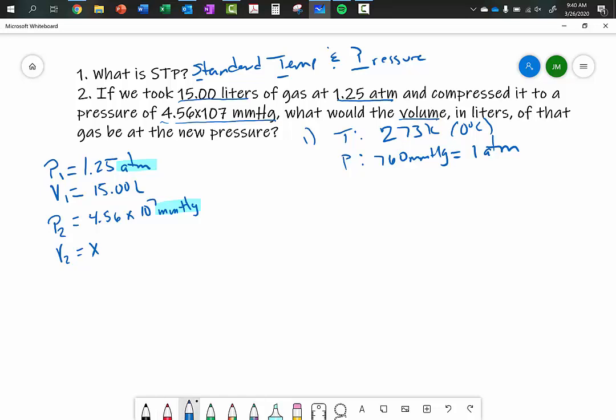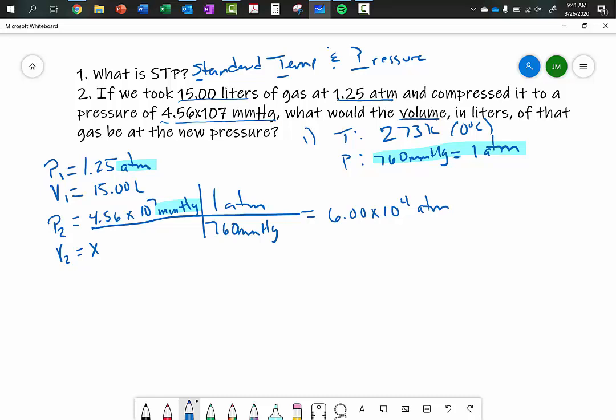It doesn't matter which one you choose. Me personally, I like to work with atmospheres. So I'm going to convert this using my conversion factor, because I know that 760 millimeters of mercury is equal to 1 atm. And so when I work this out, I should get 6.00 times 10 to the 4th atm.